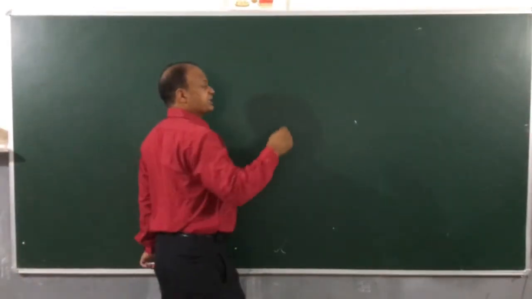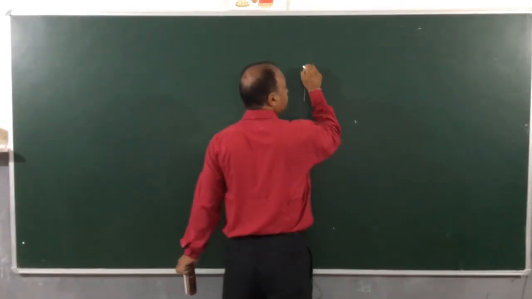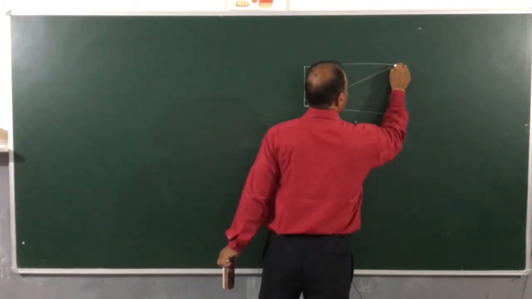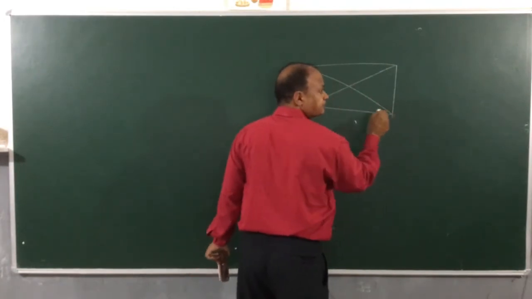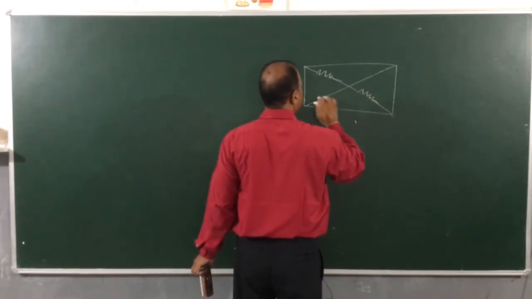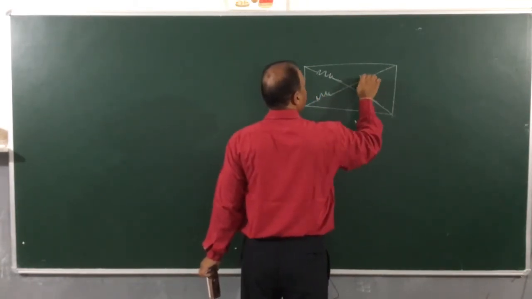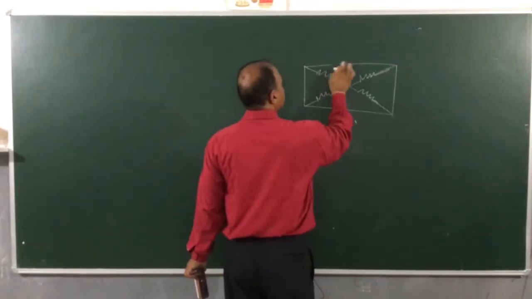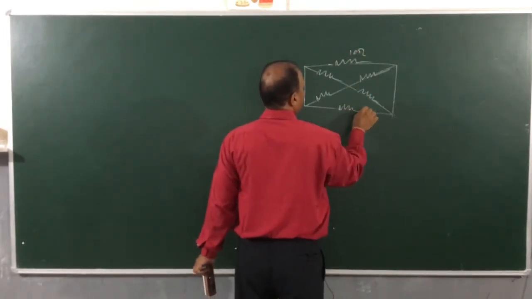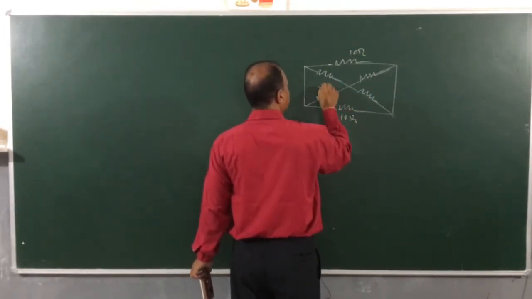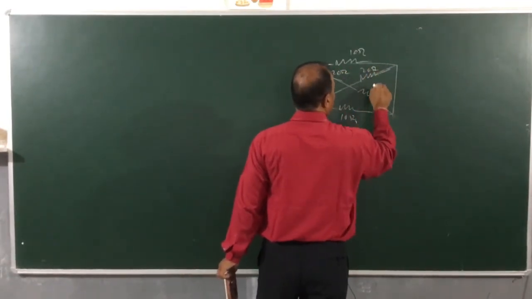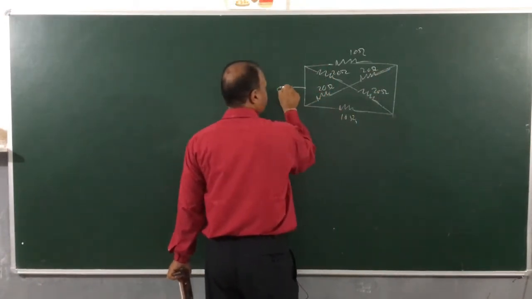We have a simple circuit out here. Ten ohm, 20 ohm, 20 ohm, 20 ohm, 20 ohm, and here I have 2 points.